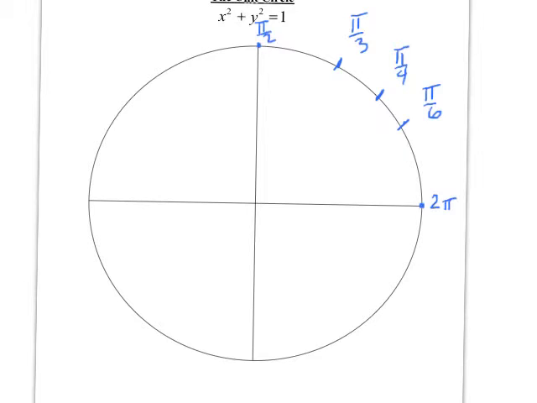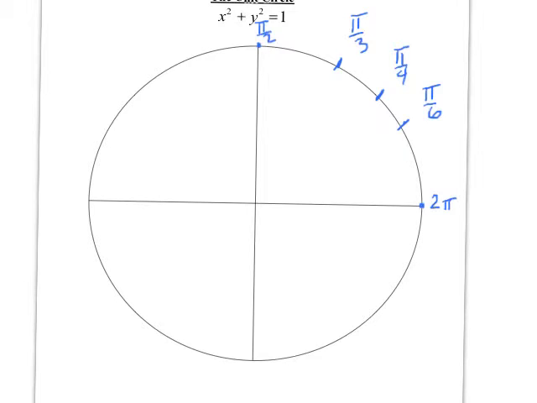So what does that do for us? Well, remember, what we're doing here is figuring out the length from here to here, which we said is root 3 over 2. That's also known as the x coordinate. And then the length from here to here is 1/2, which is also known as the y coordinate. Just like that.